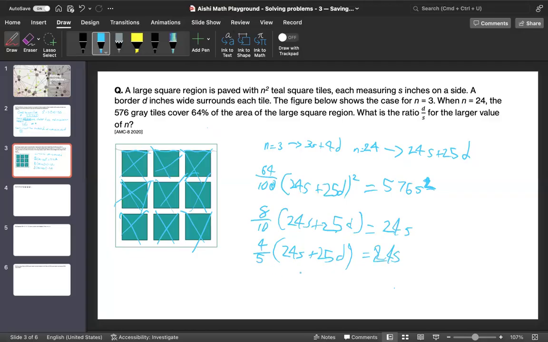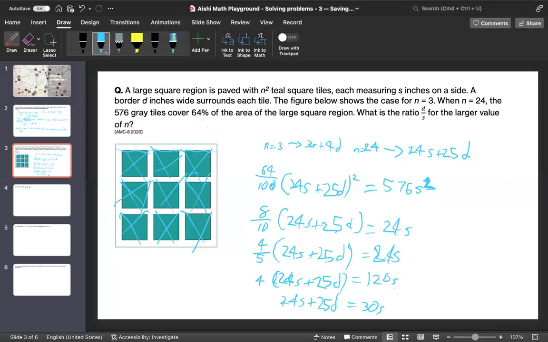So now let's multiply by 5 on both sides. We get 4 times 24s plus 25d is equal to 120s. Now let's divide by 4. So 24s plus 25d is equal to 30s.